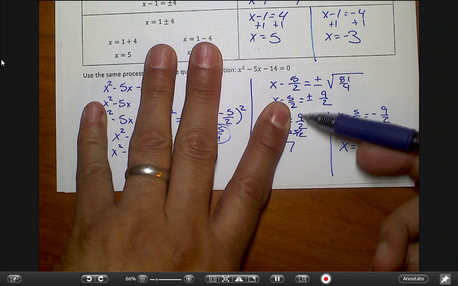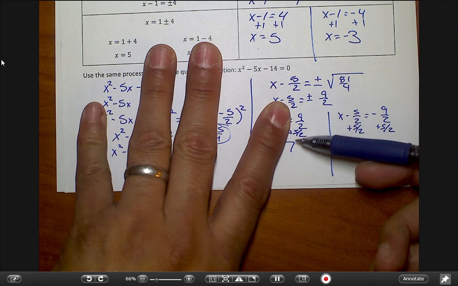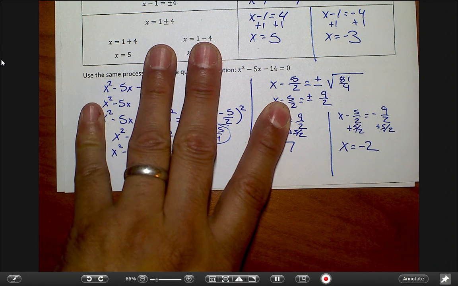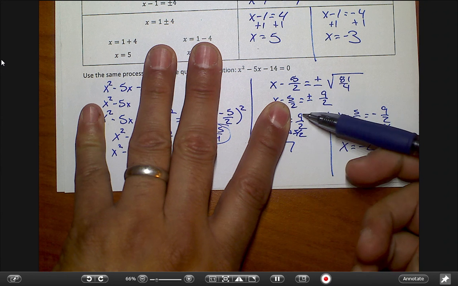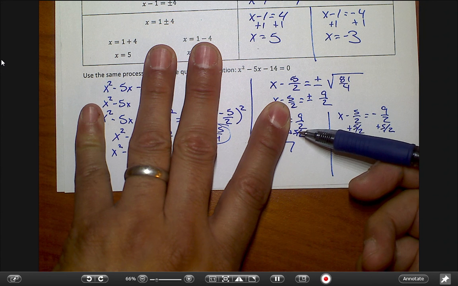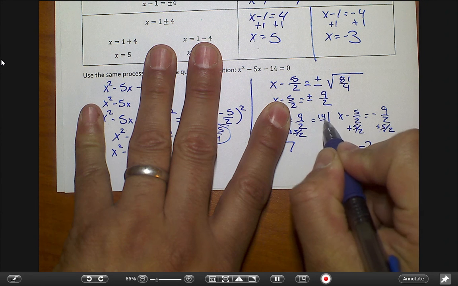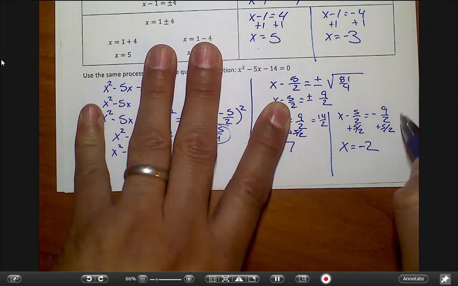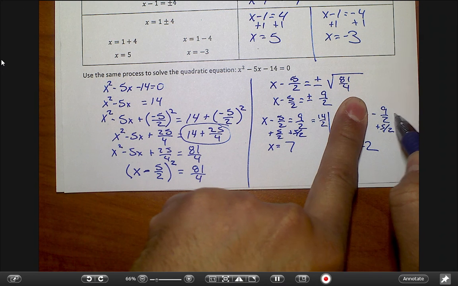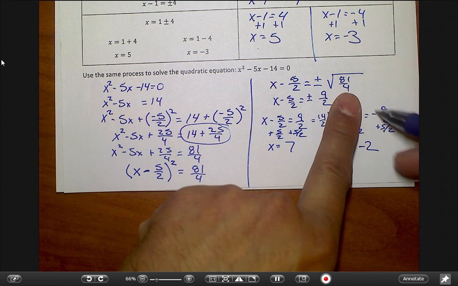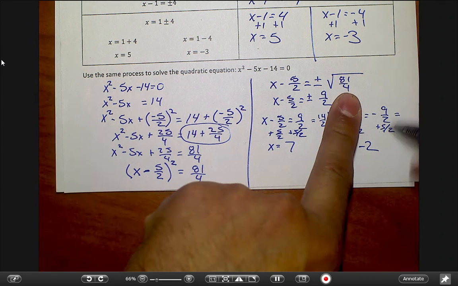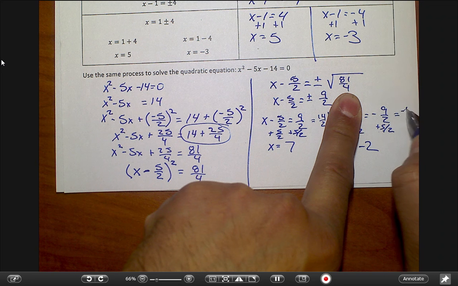So we add the top, because they're already a common denominator, aren't they? So we add the top. So 9 plus 5 gives me 14. Yeah? So it equals 14 over 2. And same thing over here. So negative 9 plus 5 is negative 4 over 2.